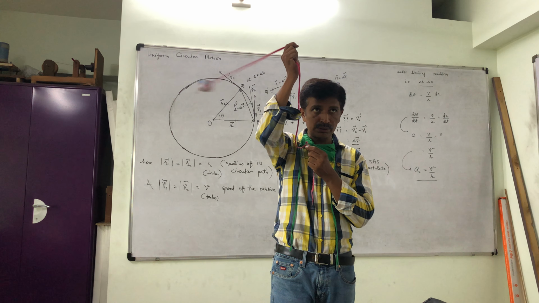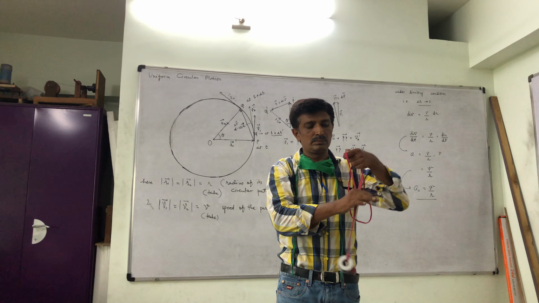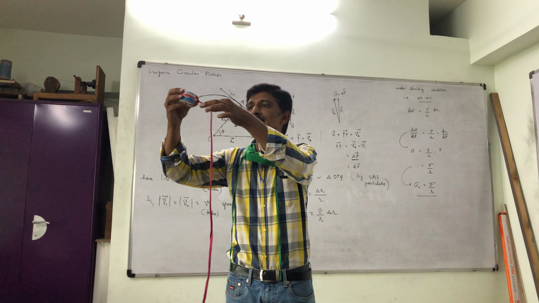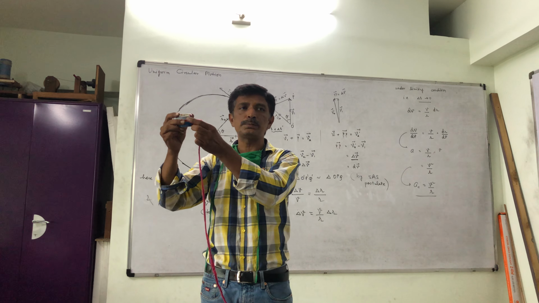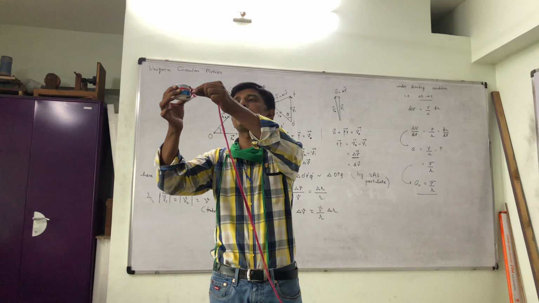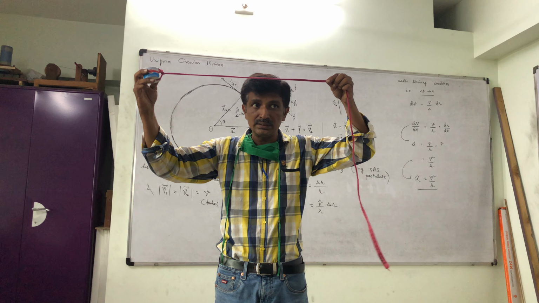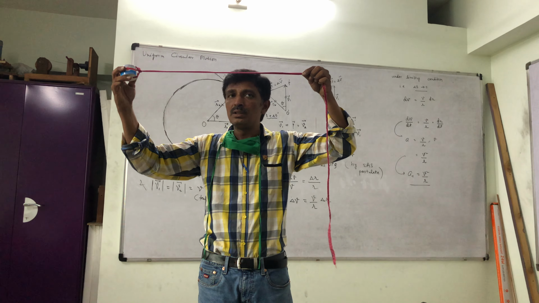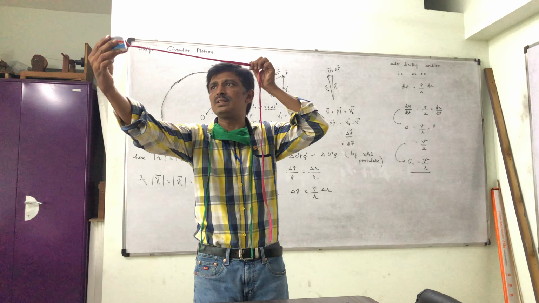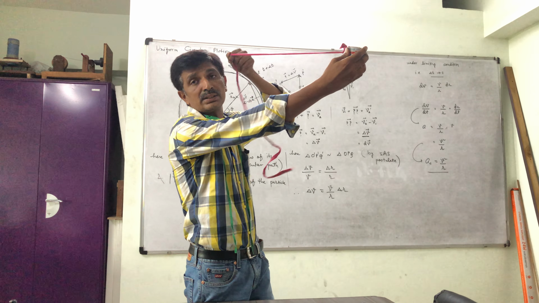Suppose its speed is constant, but at every instant this thread applies force on this medical tap in the lengthwise direction. It can exert force lengthwise only. So at any instant, suppose it is here, the force is in this direction. Suppose it is here, the force is in this direction.